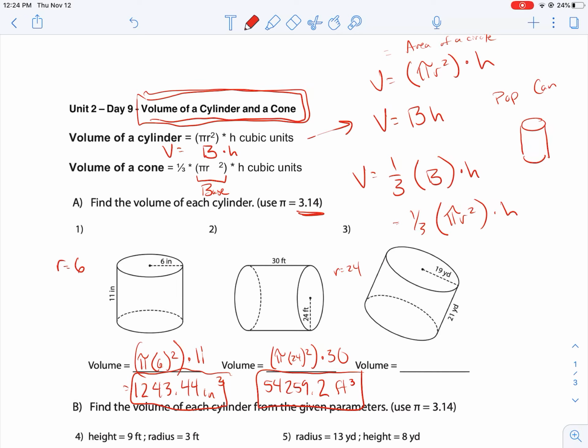Keep going. The area of our base is going to be pi times our radius squared, so 19 squared, all times our height, which is 21. So 19 squared times 3.14 times 21, and I get 23,804.34 yards cubed.